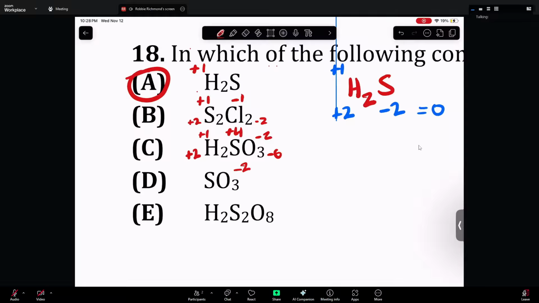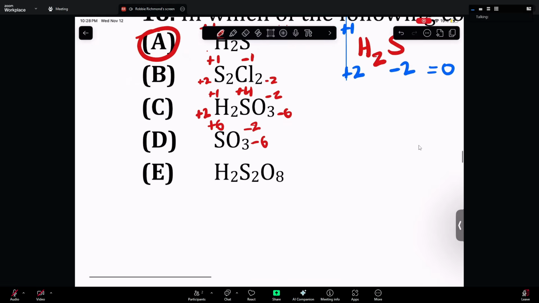Same kind of idea here. -2 for oxygen within a molecule. Since there's 3 of them, overall it's going to be -6. So sulfur needs to be +6 for all the oxidation states to add up to the overall charge in the molecule.